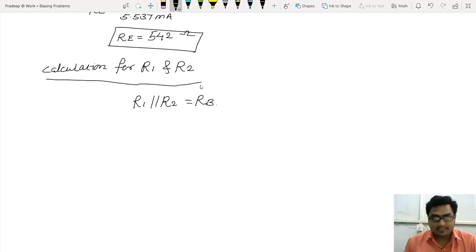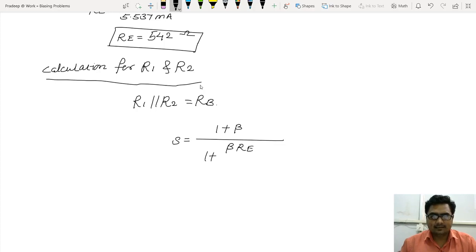And that's why we derived the stability factor as, you remember, 1 plus beta RE divided by RB plus RE. Yes, this is the stability factor equation.